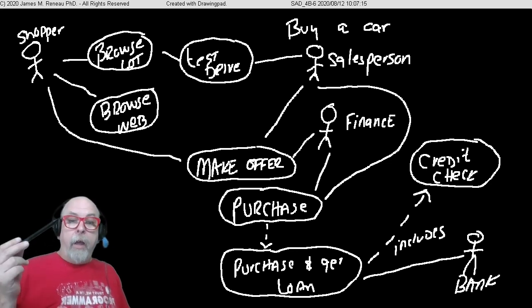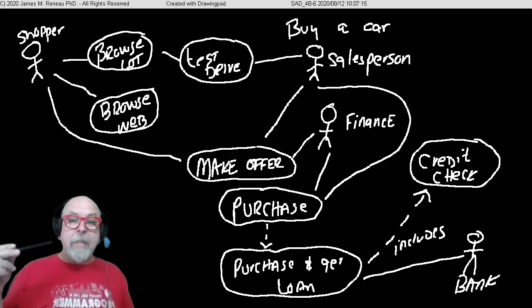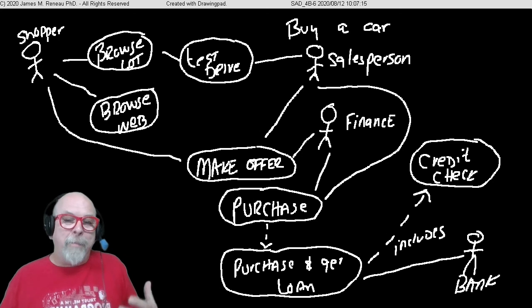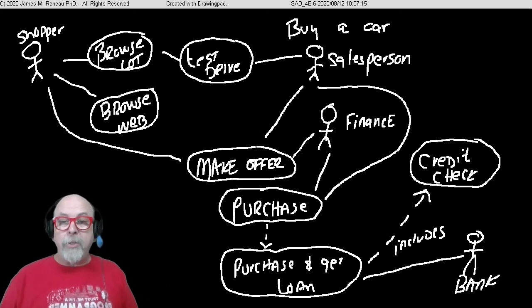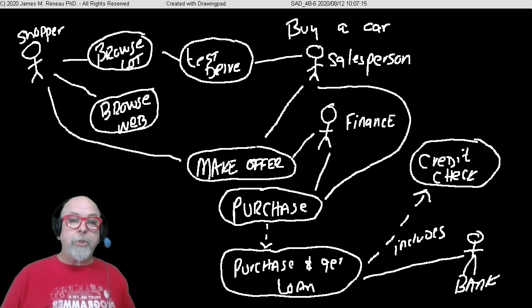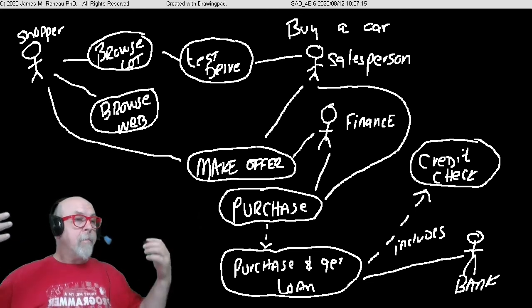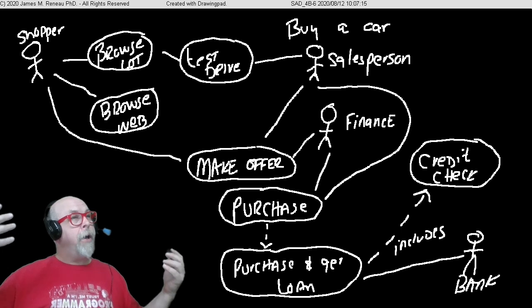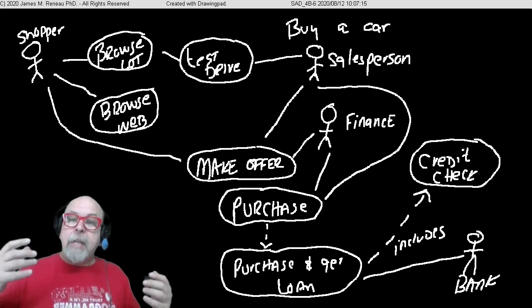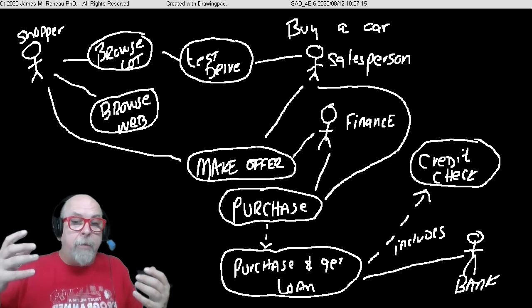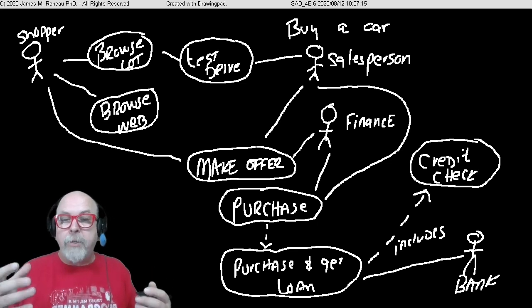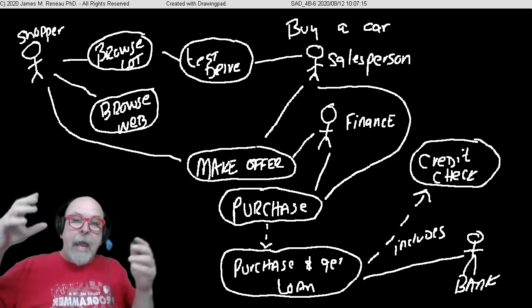So you can kind of see, is this a complete picture of how buying a car at a car dealership works? No. But it's a start. Put this diagram on a whiteboard or on a projector, sit down with your users, with the salespeople, with the managers, with the purchase people, with the owners of the business, and go through this.